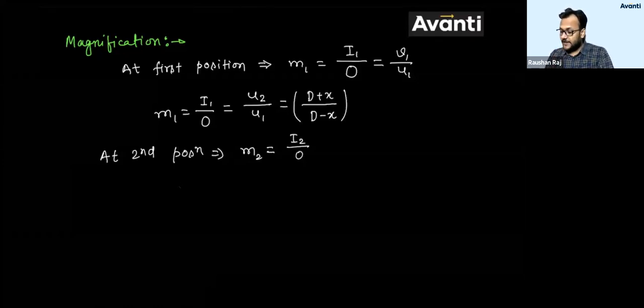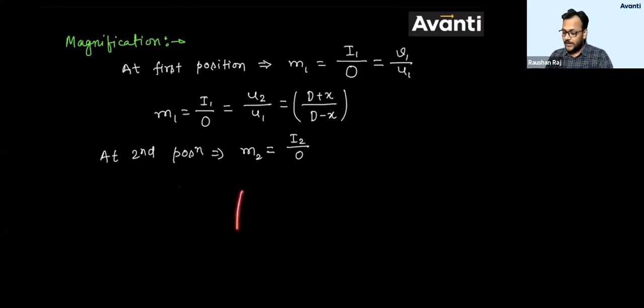अच्छा, कुछ लोग ऐसा बोलते हैं, sir, for M2 value, image for first will act as an object for second. Will that be the case? In this case, that is not the case. वो बहुत ही बड़ा blunder है, पाप है.